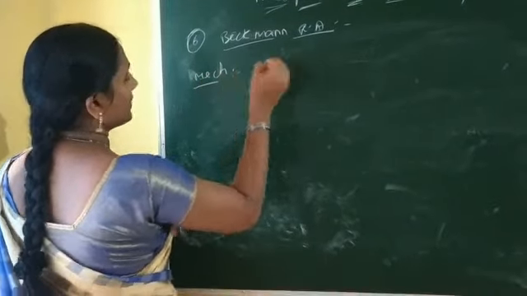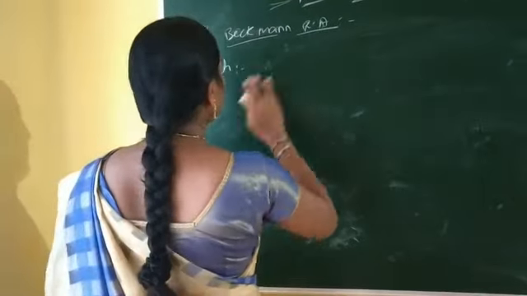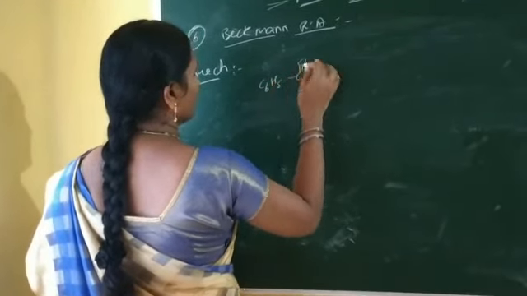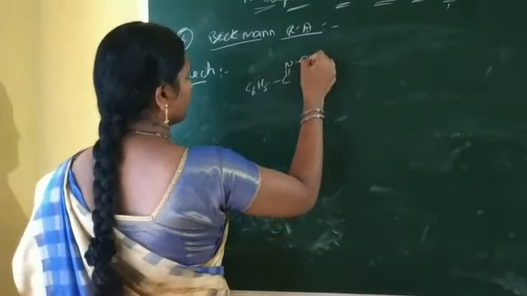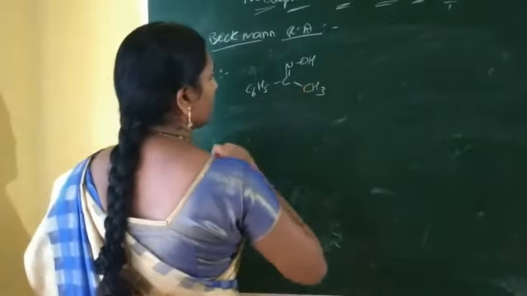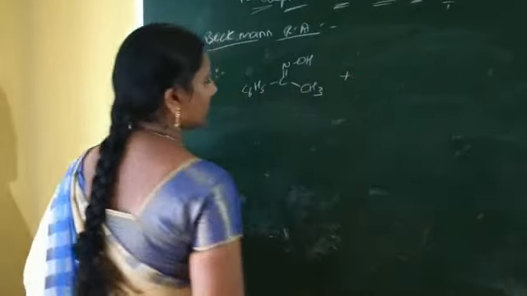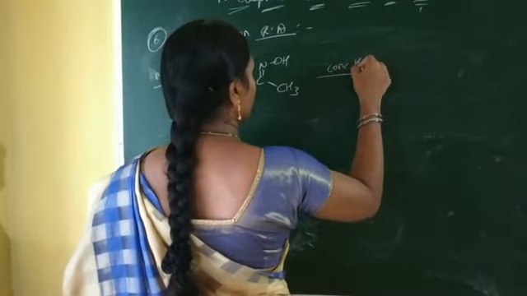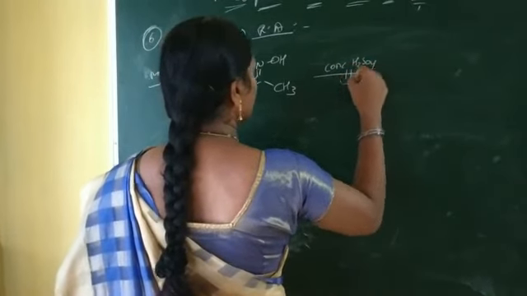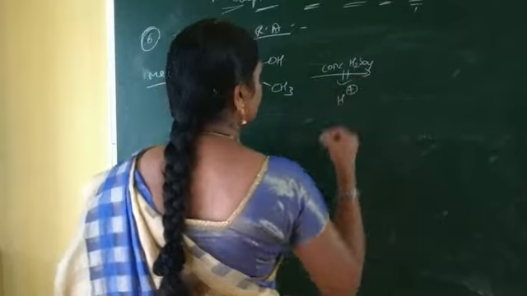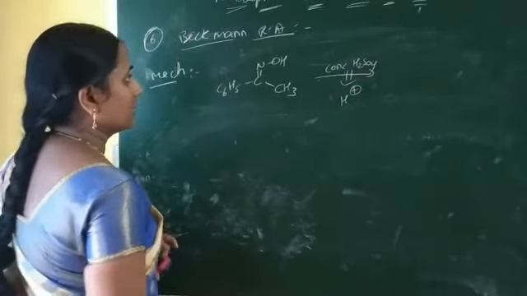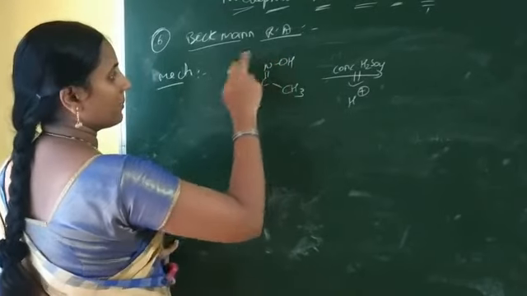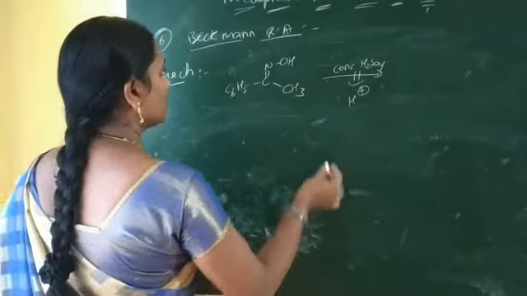The reactant is acetophenone oxime. Now acetophenone oxime is treated with concentrated H2SO4. That means in acidic medium, which gives H plus ions. Now listen, oxygen has more electronegativity compared to nitrogen.